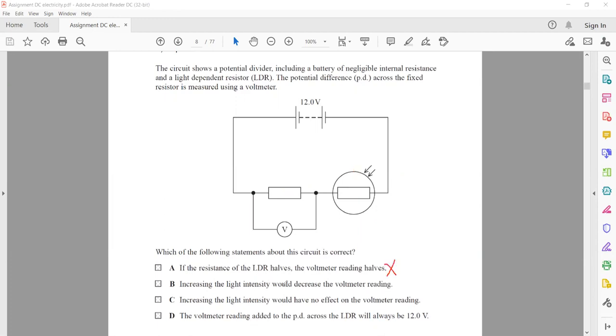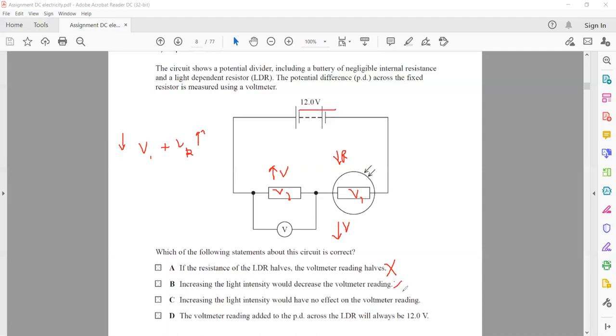Increasing the light intensity would decrease the voltmeter reading. If you increase the light intensity, the resistance of the LDR will decrease, so the voltage across the LDR will decrease. In comparison, the voltage across the fixed resistor increases, because it's a series circuit in which the sum of the two voltages will be the same. If I say this is V1 and this is V2, the value of V1 is decreasing, so the value of V2 should increase so that the sum remains 12.